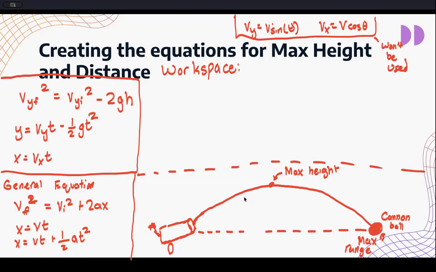And at this max height, the velocity will be zero, right? Because when we're talking about max height, that's the farthest it goes before it starts dropping down because of gravity. And basically that's when velocity is equal to zero.